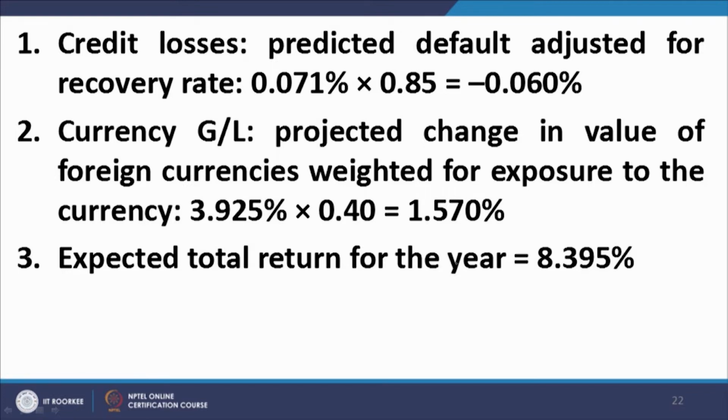The aggregate expected total return for the year is 8.395%. When you algebraically add all these quantities, taking care of the minus signs wherever relevant, you end up with a value of 8.395%. Okay, so this is the illustration of what could be the possible return components when you make an investment in a bond portfolio.